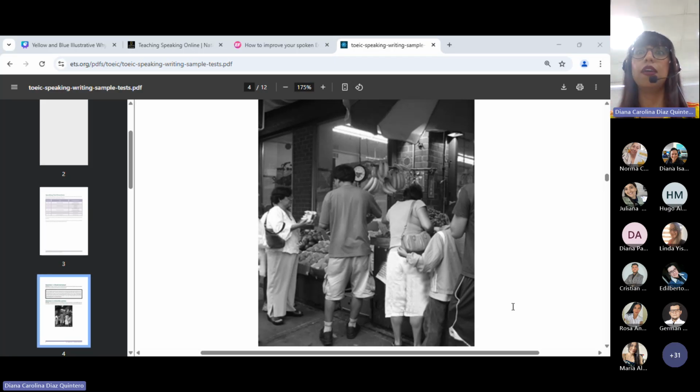Number one, what did you see first? Questions in order to engage them. What do you see? For example, a woman, a man, bananas, umbrella, probably a kid, probably another woman, probably apples or carrots or whatever.